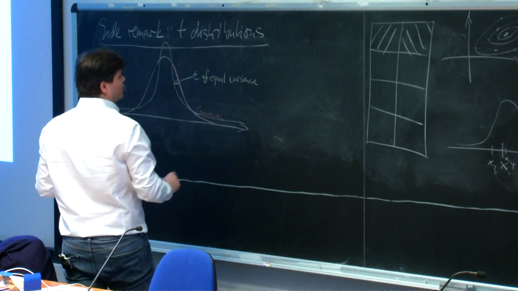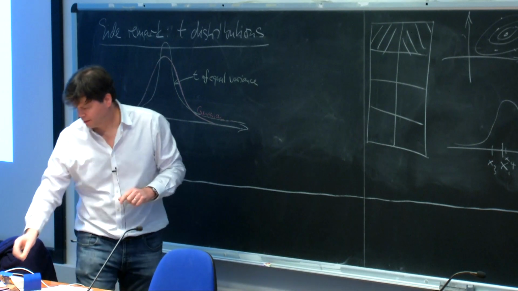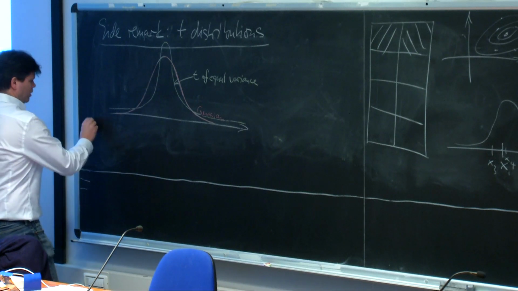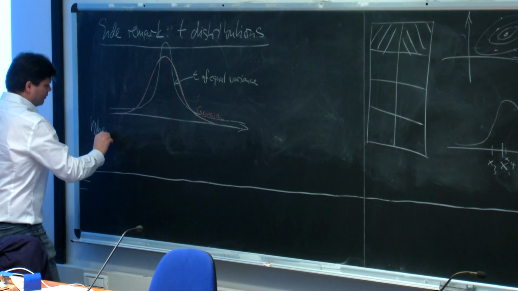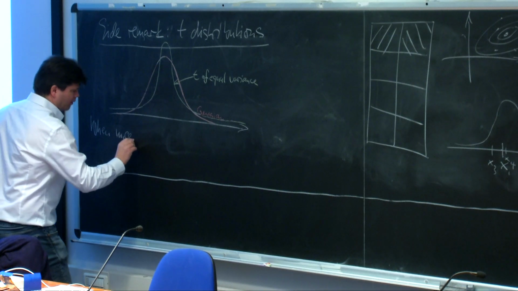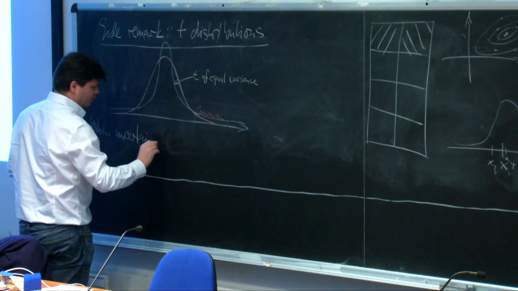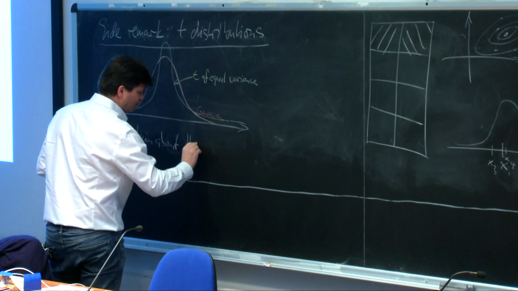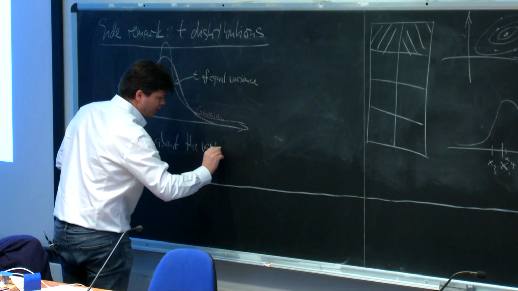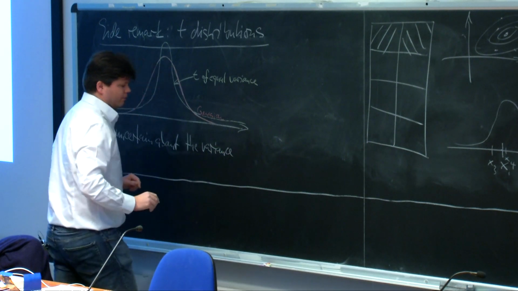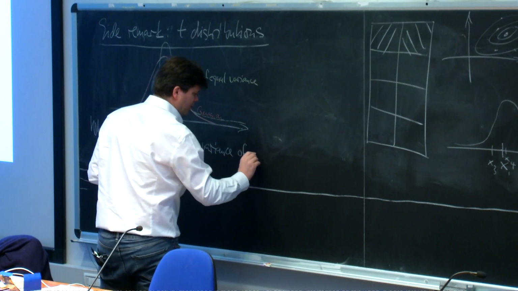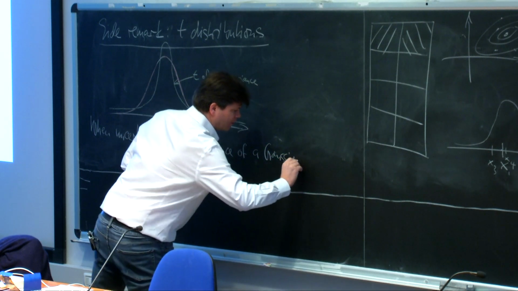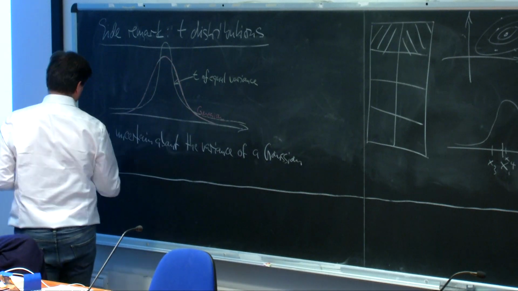These t distributions are mostly relevant when uncertain about the variance of a Gaussian sampling distribution.